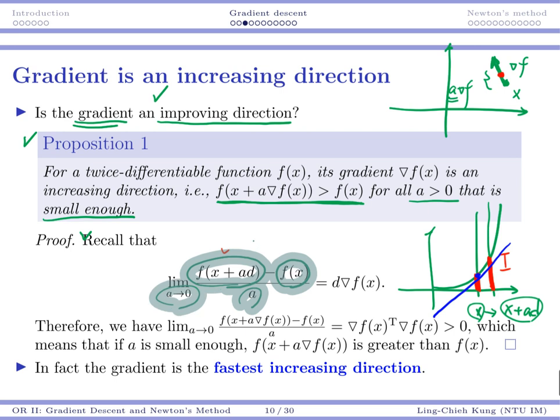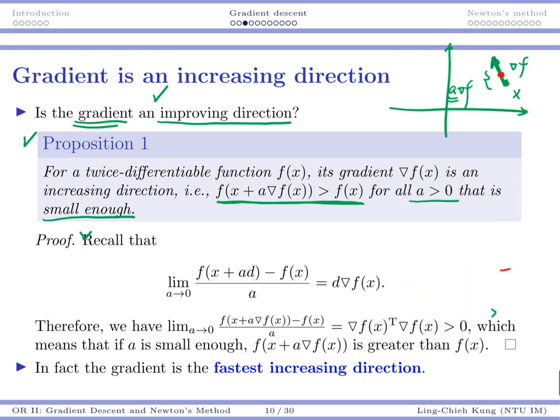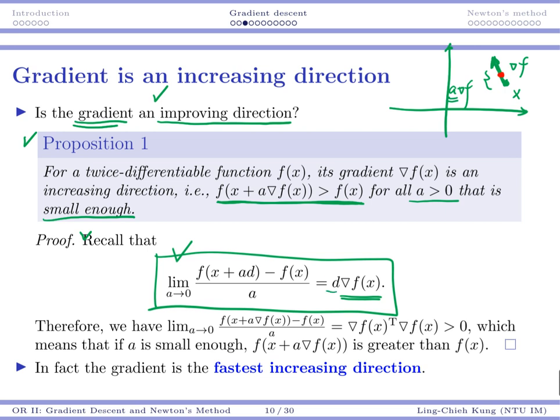So that means the left hand side is the slope for this particular function f at the point x. If that's the case, then we also know from the calculus textbook you have learned that this particular limit may be calculated as follows: first you find a gradient, and second you do one tiny step. This is called the directional derivative.